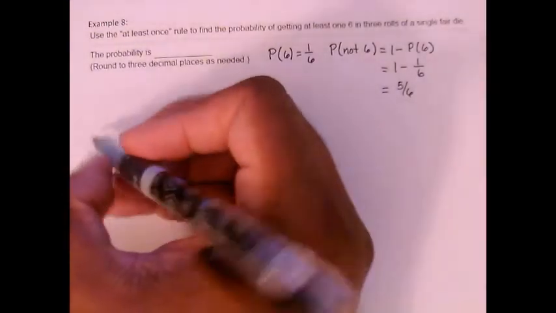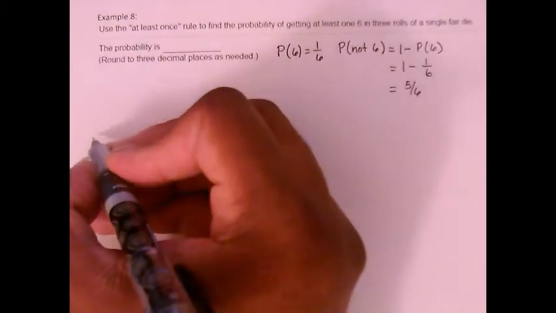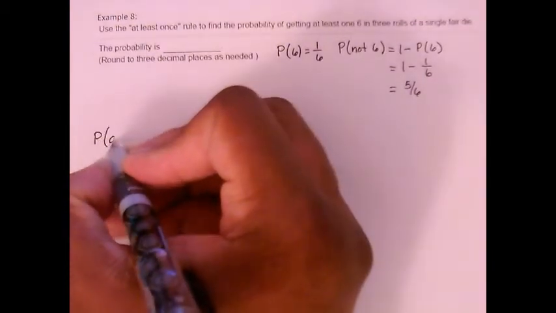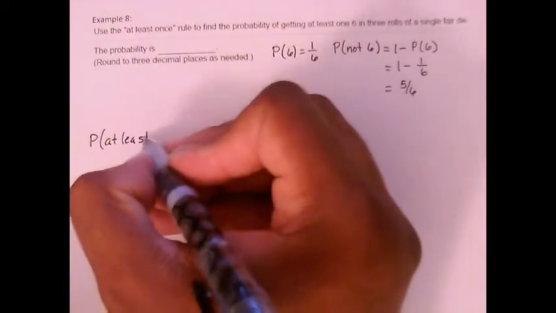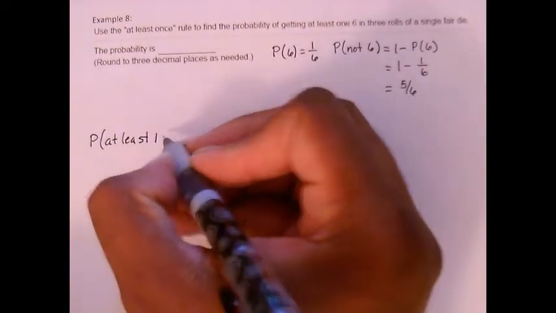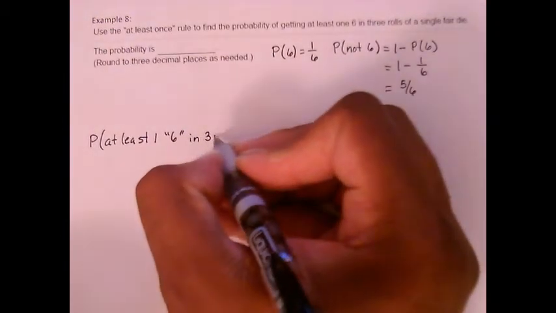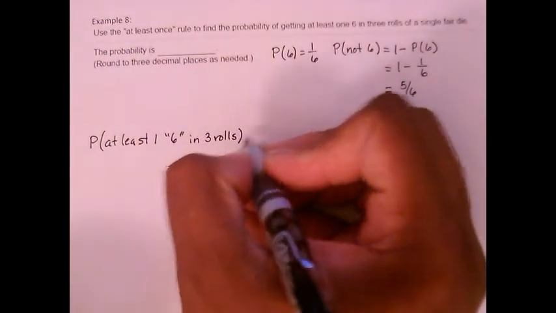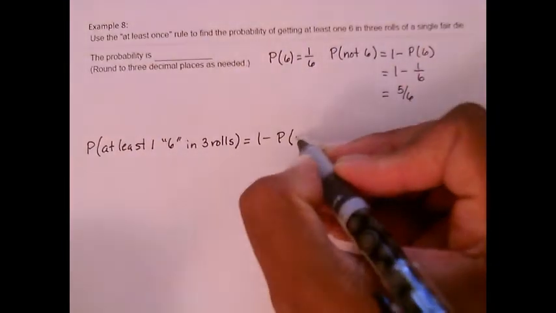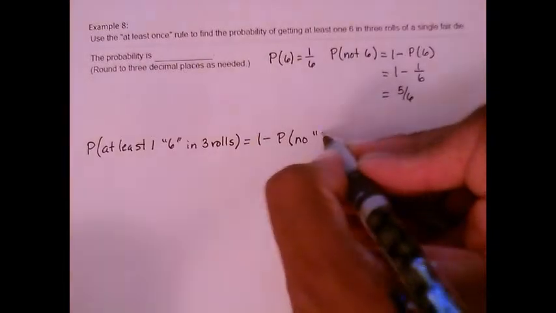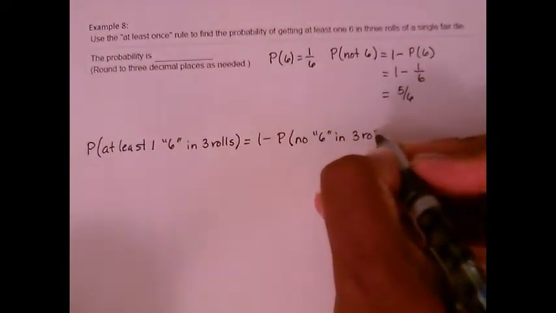So now we can use that at least once rule, where the probability of getting at least one 6 in 3 rolls is going to be equal to 1 minus the probability of no 6 in 3 rolls.